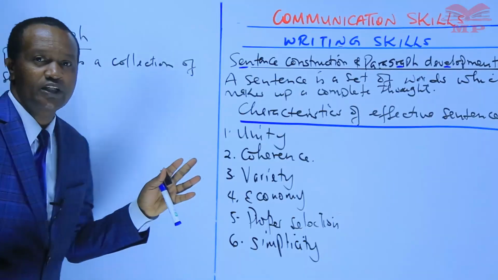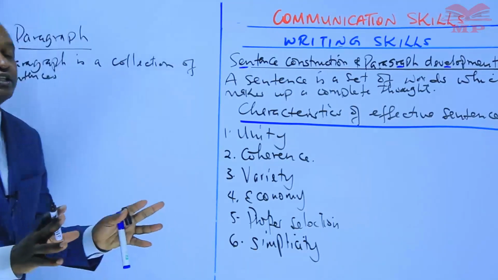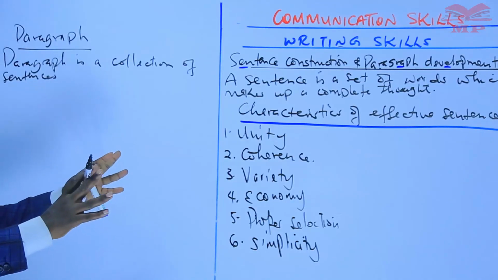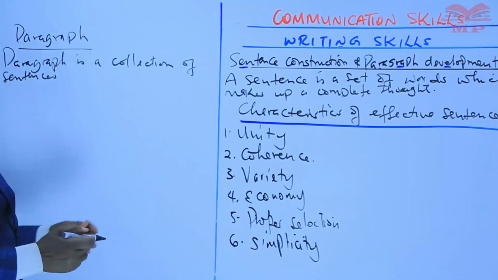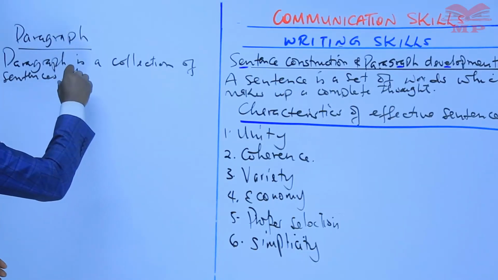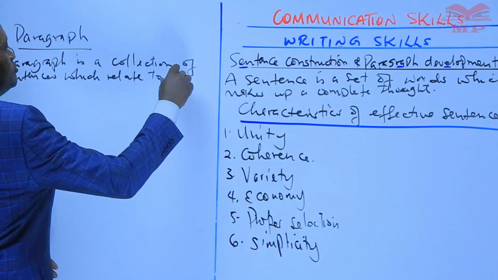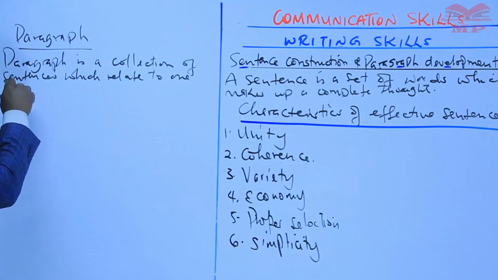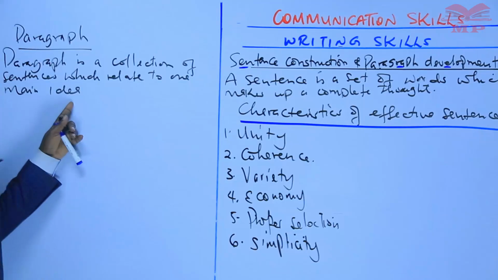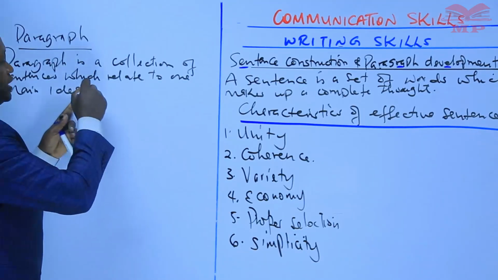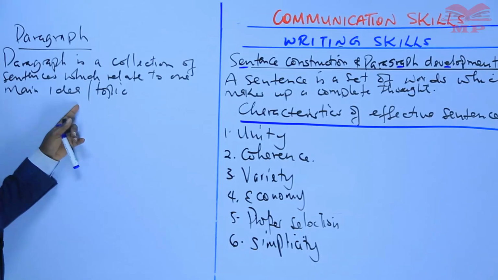A paragraph, on the other hand, is a set or a collection of sentences which relate to one main idea, or we can say topic or thought, and so on.